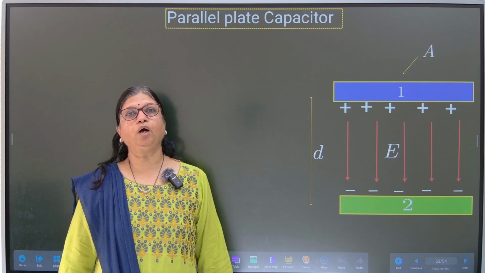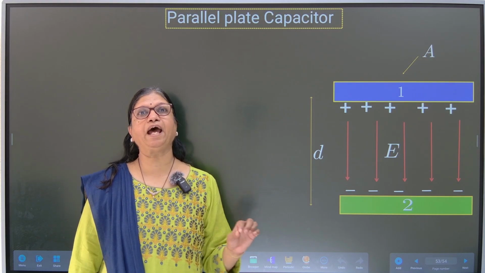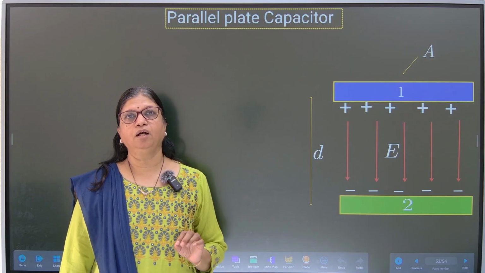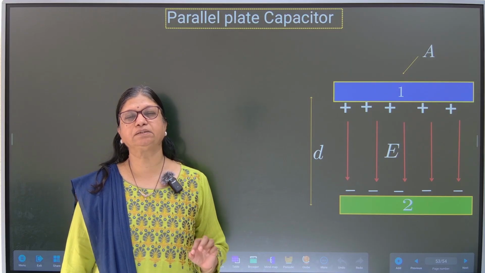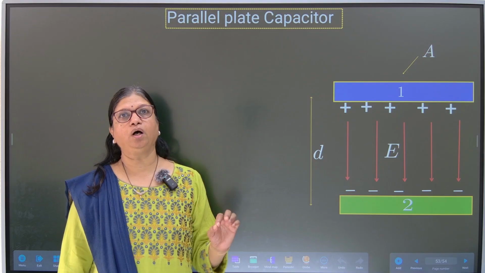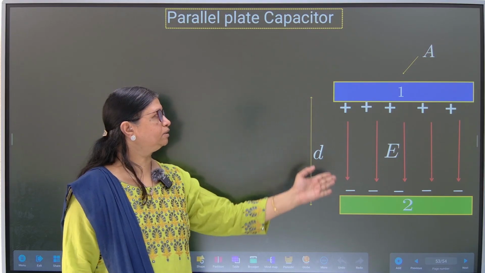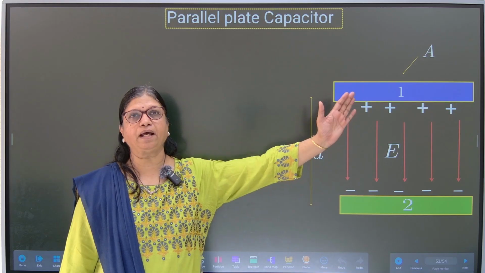Now let us consider a parallel plate capacitor and find the dependence of the capacitance on its dimensions, shape, size, and the distance between the parallel plates.